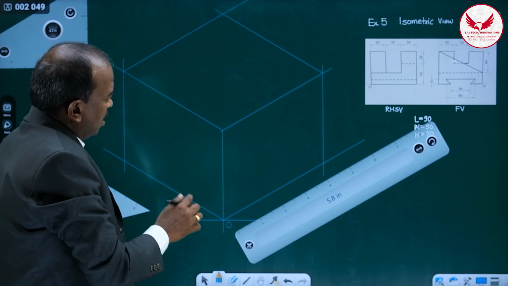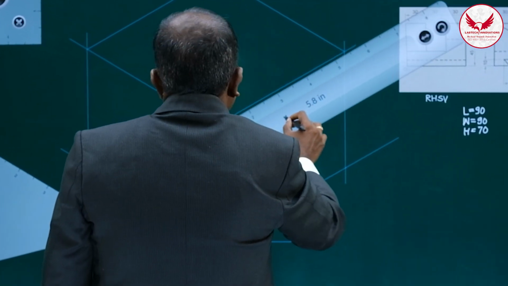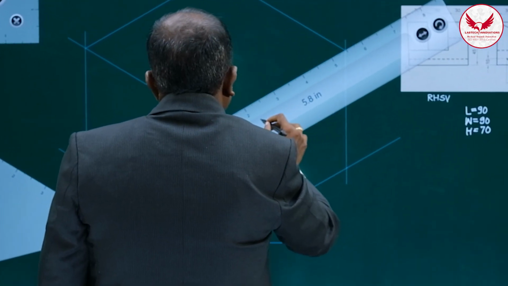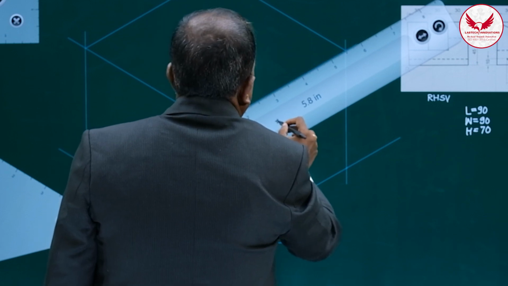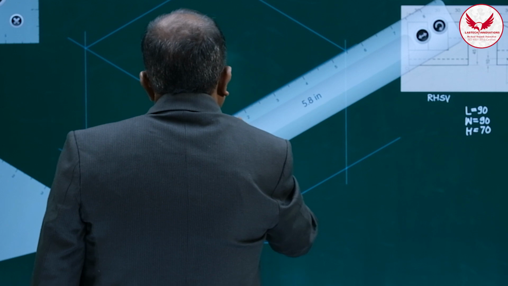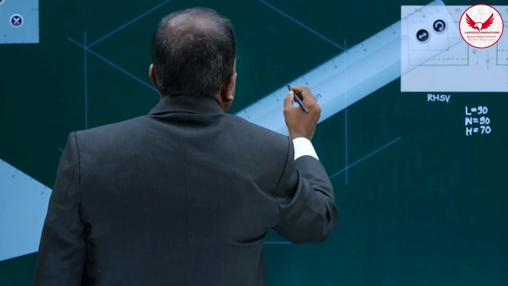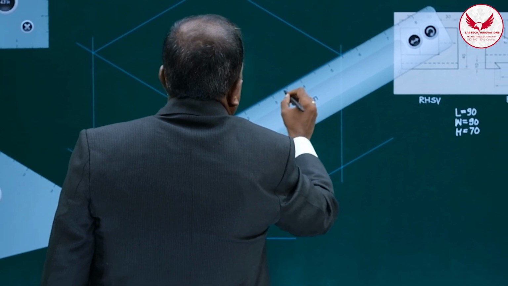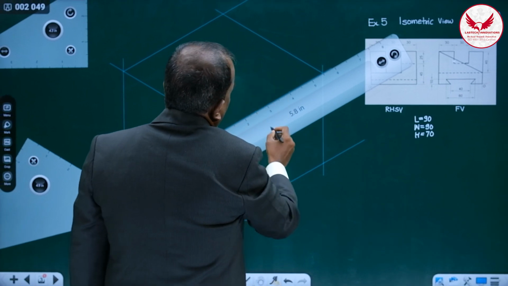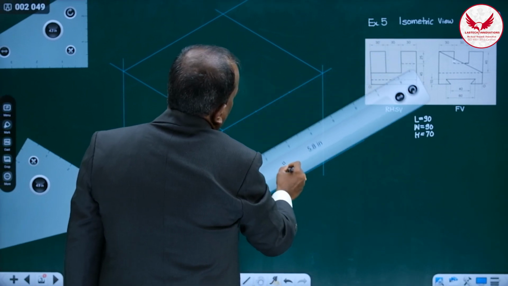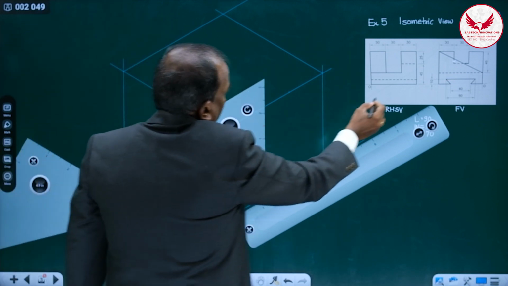In the side view, how can we mark it? Total is 90, means after 30: 10, 20, 30. After this, I'll mark this point, and again 10, 20, 30. I'll mark one more point after 30. Then from this, how much we have to cut? 45.